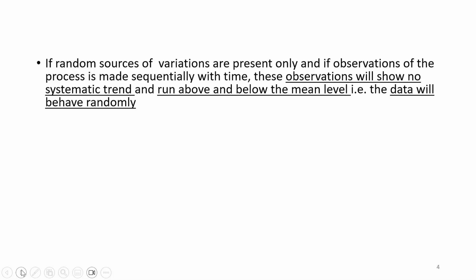That is, if the variations are quite random in nature, and if we make some observation about the process or about the product that is coming out of the process in a sequential manner with respect to time, then we will find that there is no systematic trend.